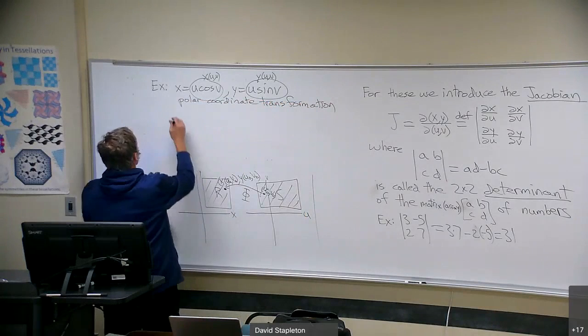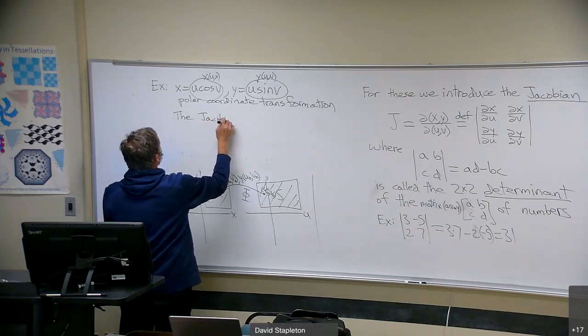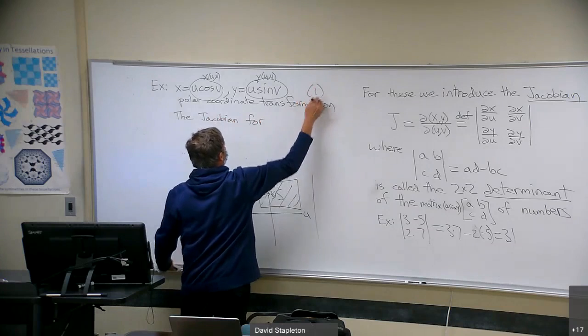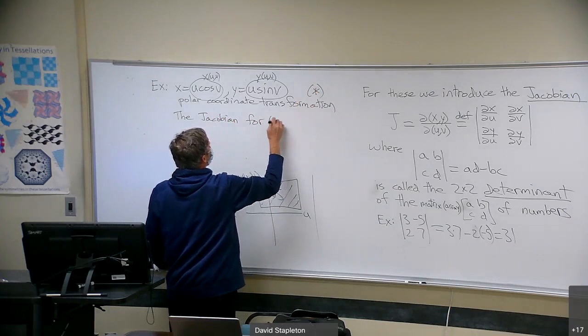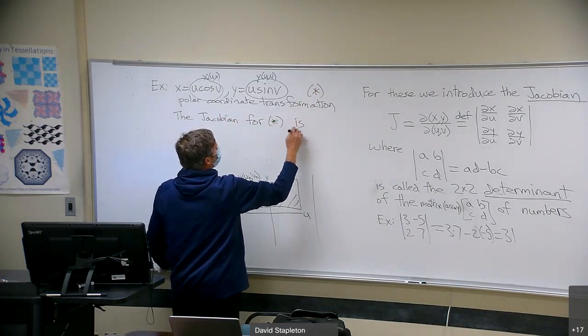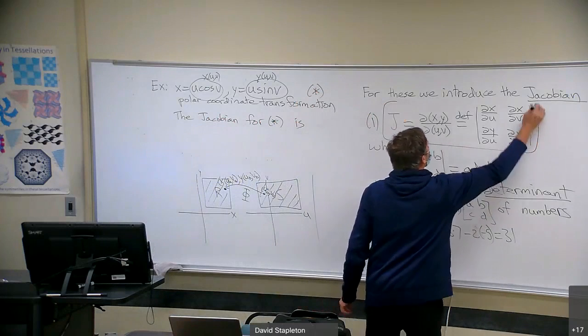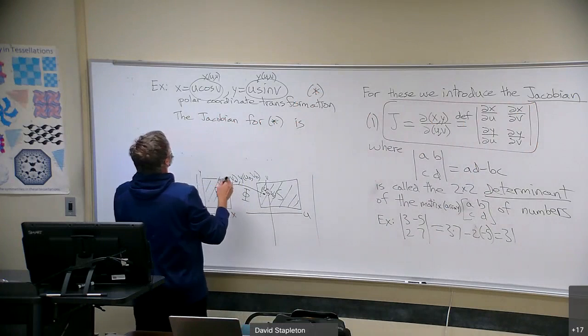The Jacobian is a determinant. Call it equation one, I guess. Star is, I should really call this one one. That's the important one, the Jacobian. The Jacobian for star is what?